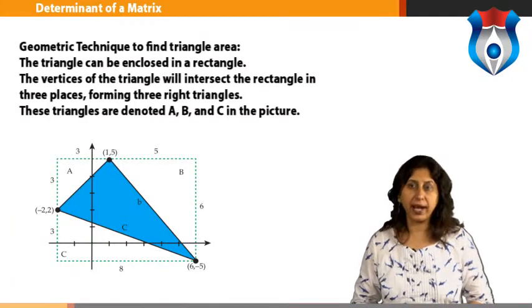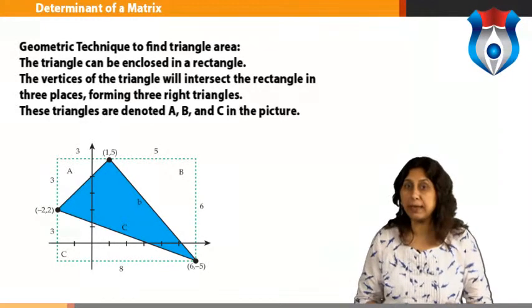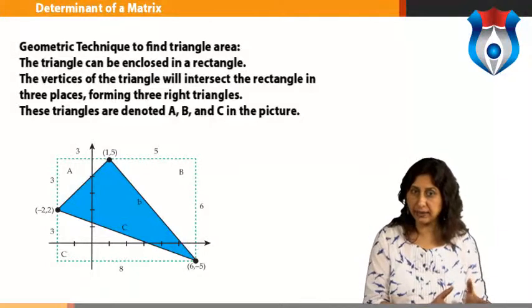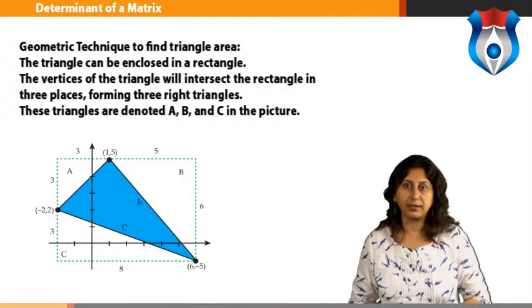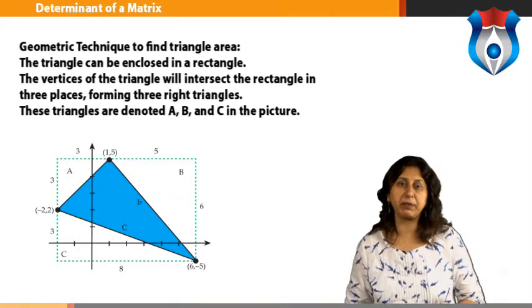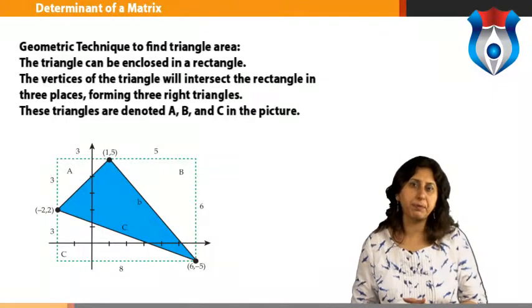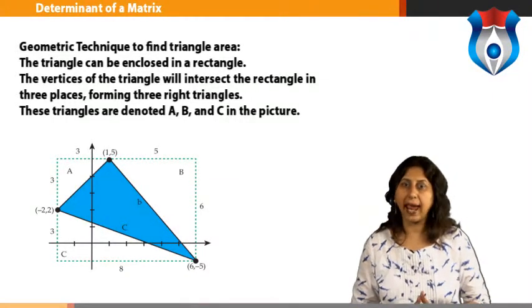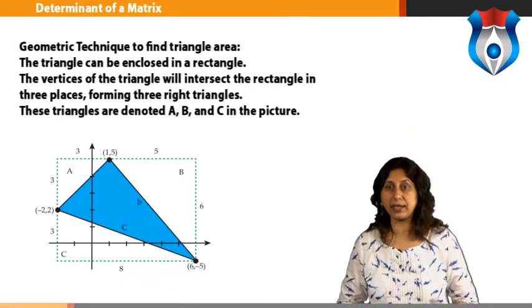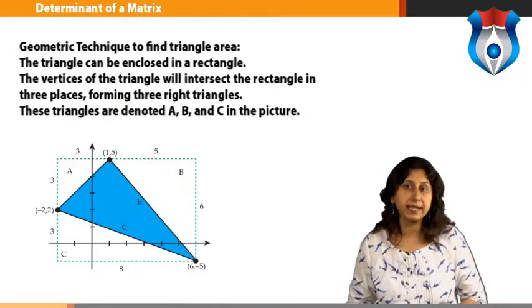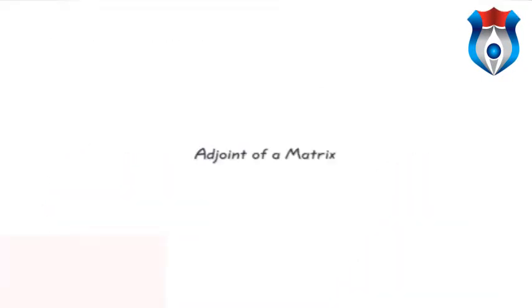The area of the triangle we desire will be the area of the rectangle minus the area of the 3 triangles. The legs of the 3 triangles can be found by simple subtraction of coordinates and then used to find the area, since the area of a triangle is 1/2 the base times the height.